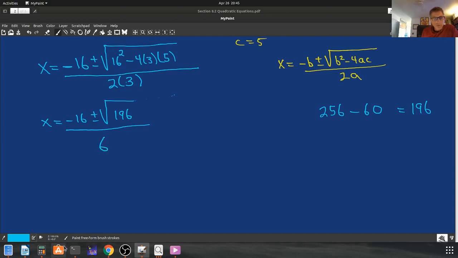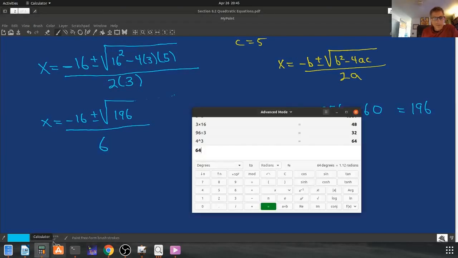So the square root of 196. It's okay that you use your calculators in the following way. Instead of using the square root button, just try to find it out. 11 times 11, that's 121, so I need to be more than that. So let's try 13 times 13. That's 169.